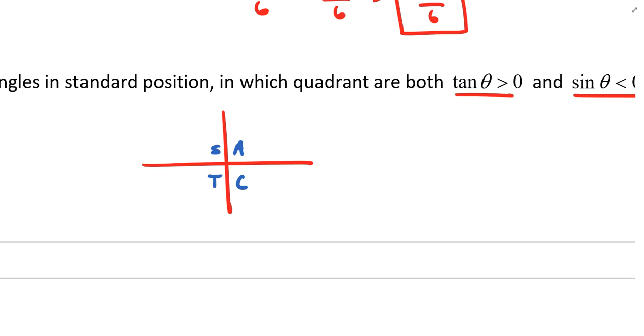So if I want to know when tangent is positive, that occurs in either quadrant 1 or quadrant 3. All trig values are positive in quadrant 1. Tangent results are positive in quadrant 3.